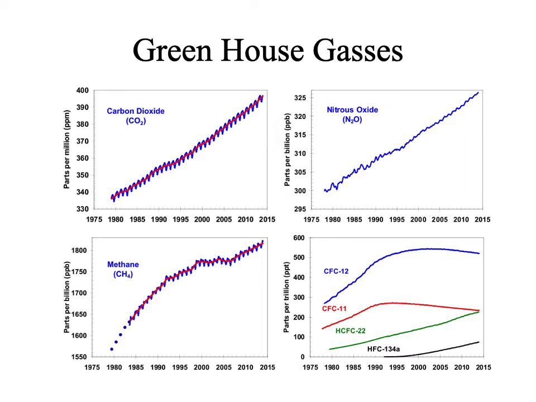This is a timeline plot. The x-axis is time, the year of measurement, the annual average which has been plotted, and the y-axis is the concentration. Now you can see the leftmost top graph, which is the concentration of carbon dioxide. It is continuously increasing.